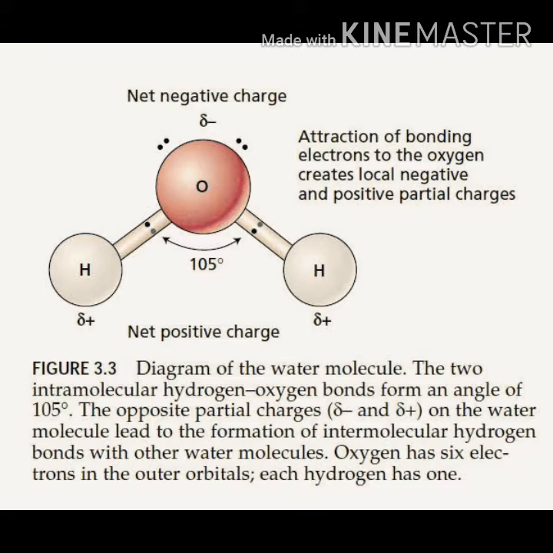organisms. In a water molecule, each hydrogen atom shares an electron pair with the oxygen atom. The geometry of water is dictated by the shape of the outer electron orbitals of the oxygen atom, which are similar to the bonding orbitals of carbon.